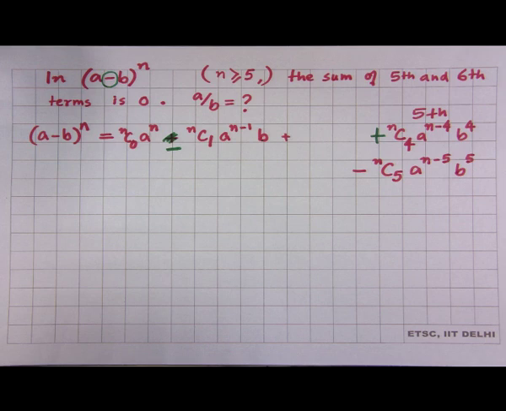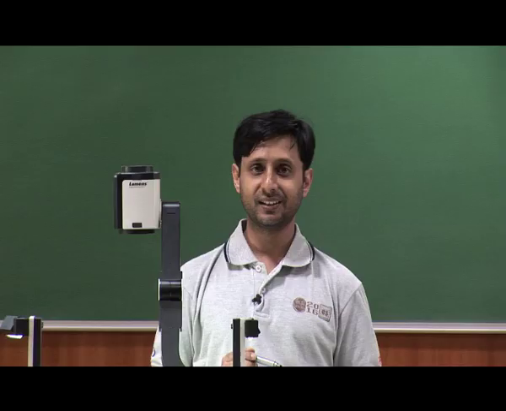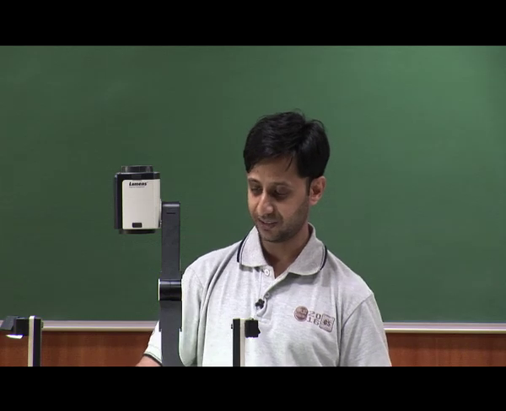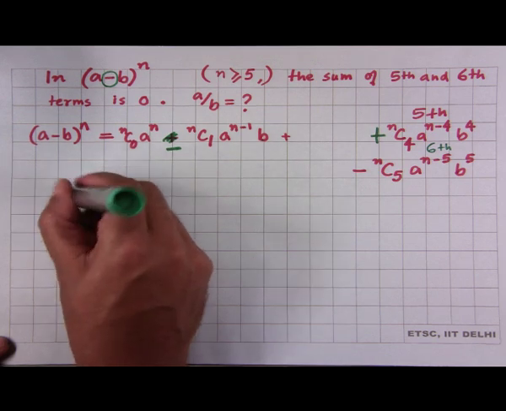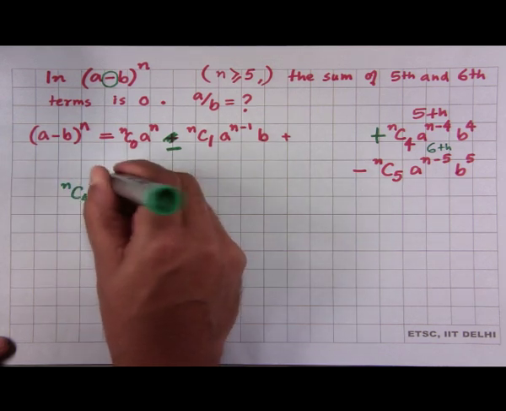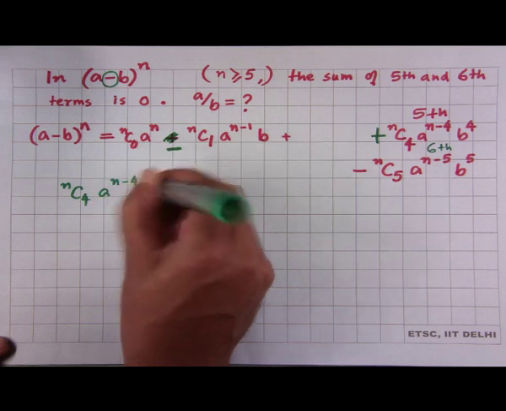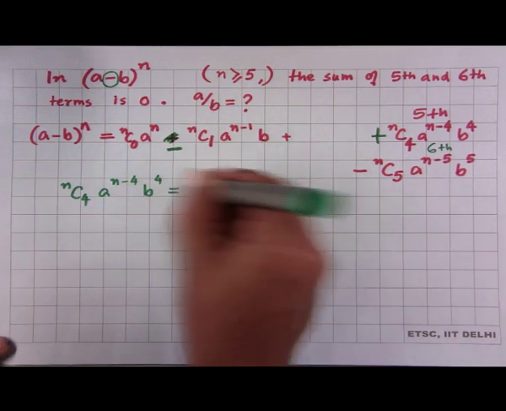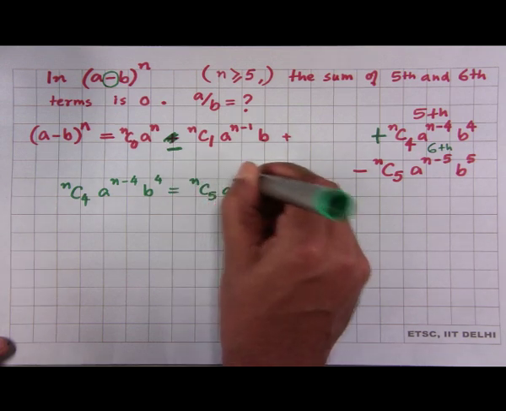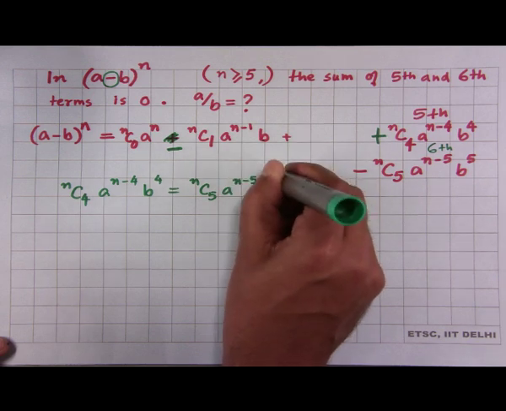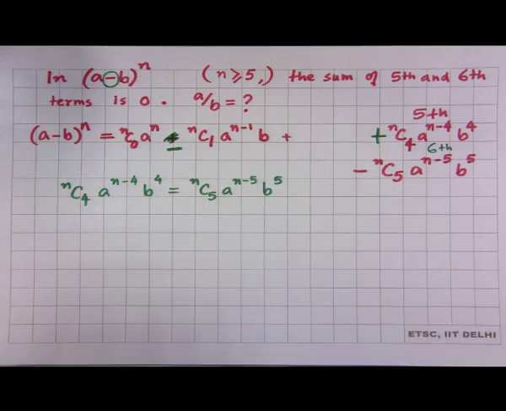And the question says that the sum of the fifth and sixth is 0, which means these two. So, that gives me nC4 a power n minus 4 b power 4 is equal to nC5 a power n minus 5 b power 5. All right, and then simplify.